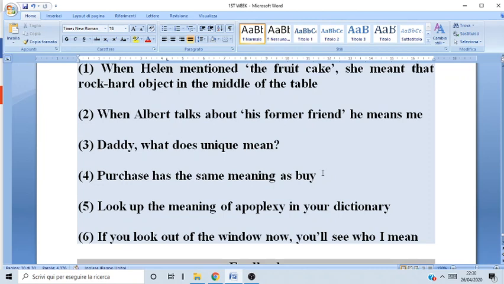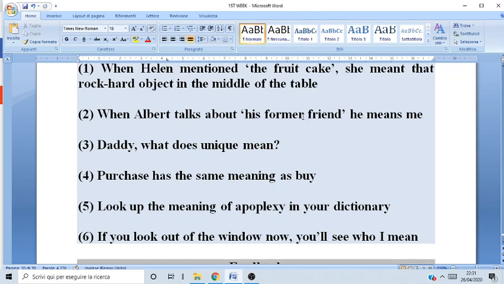Okay, so check if there's anything missing, if you got them all. Number 1. In this case, the word mean is used for reference. And it's the same for number 2.